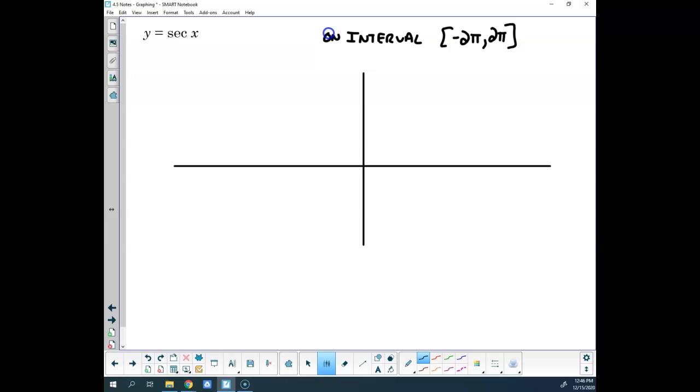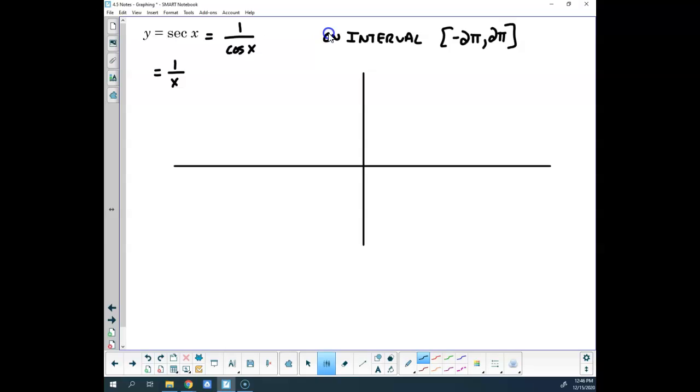So what is secant? Either on the unit circle or off the unit circle. It's 1 over cosine, yep. Or on the unit circle, that would be 1 over x. Right? Okay?